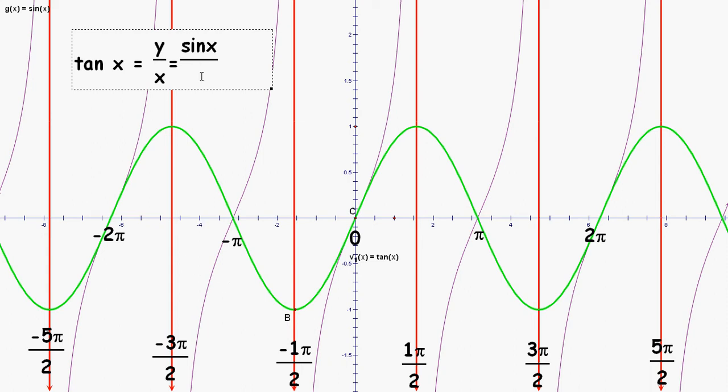And it's interesting to note that whenever cosine x is 0, the division now becomes undefined, and cosine x is 0 is where those asymptotes appear.